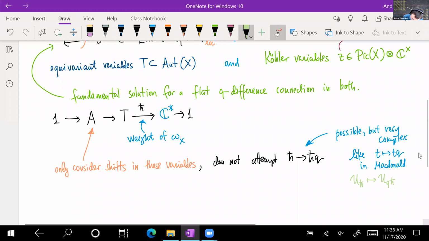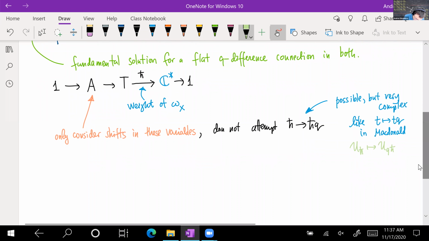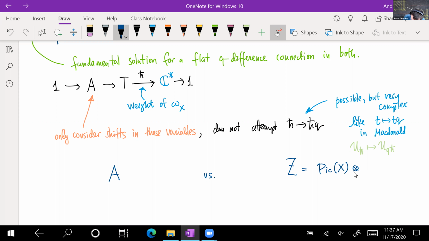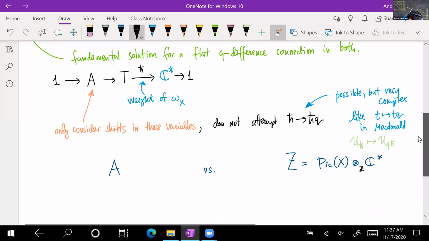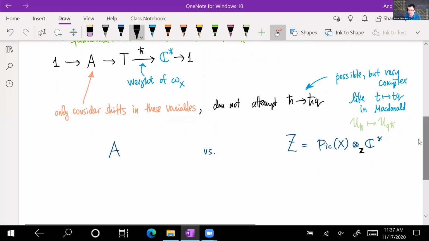And so we just focus on this torus A, versus this torus Z, which is where Pic(X) tensor C star, or, if you want it very canonical, over Z. Today we want to talk about the qKZ, the Knizhnik–Zamolodchikov equation.